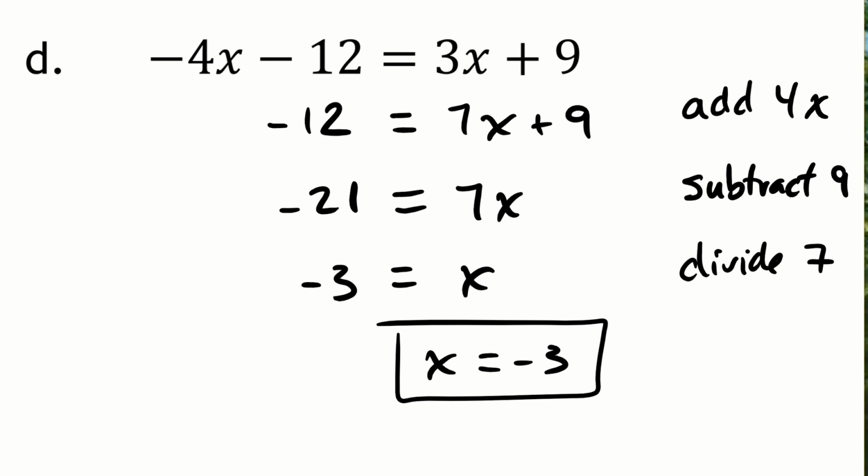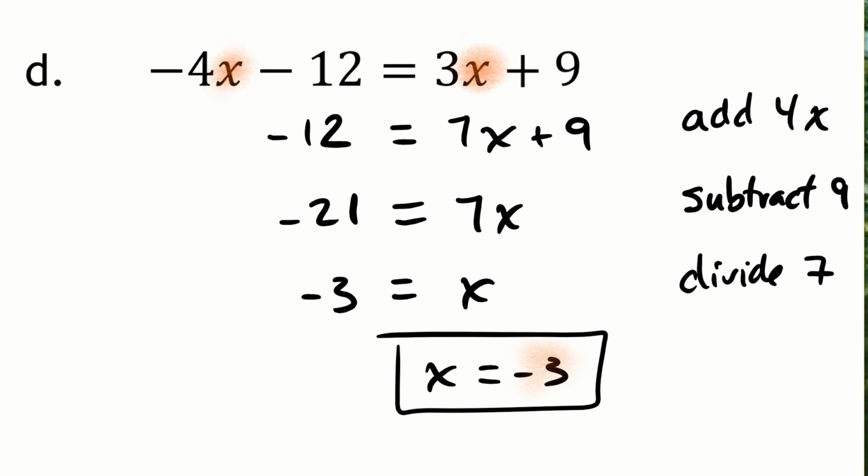This is another problem where I can check my work because it's not the no solution or all real numbers case. So let's quickly take this value of negative 3 and plug it in for x, in the two spots where x was. When I do that, over on the left-hand side, I have negative 4 times negative 3, which is positive 12.